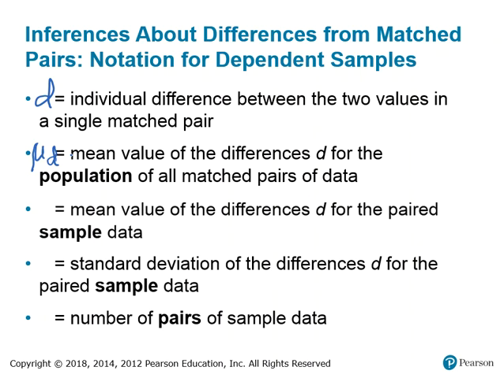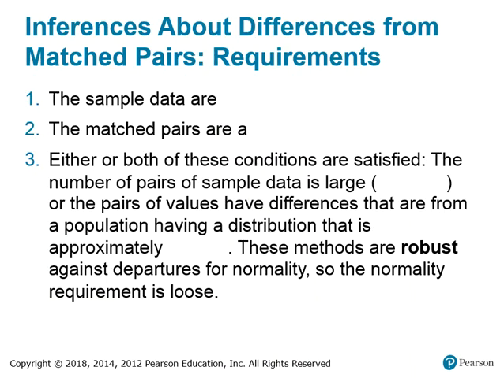For the mean value of the sample, we're going to do d with a bar, just like we do x with a bar. Now it's the difference. Our standard deviation will be s with a d, that's how we know it's a difference. And then we are still going to use n for sample size. So a lot of our symbols are still the same. We're just using a D. That'll help us know that we're doing a difference of two samples.